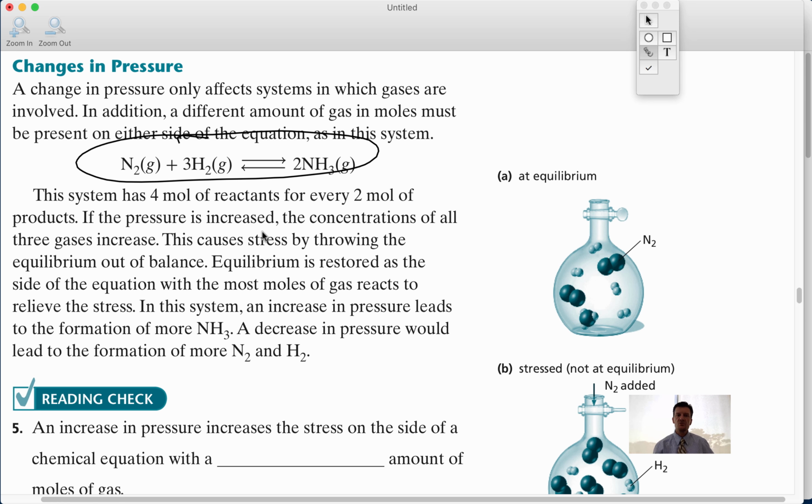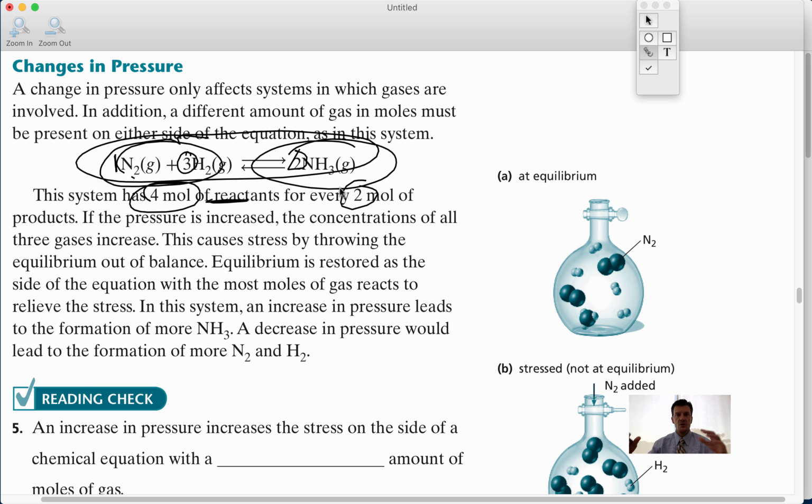It's really simple. Here's what you need to do. You need to figure out the total number of moles on the reactant side, which would in this case be 1 and 3, for a total of 4 moles of reactants. On the product side, you have a total of 2.